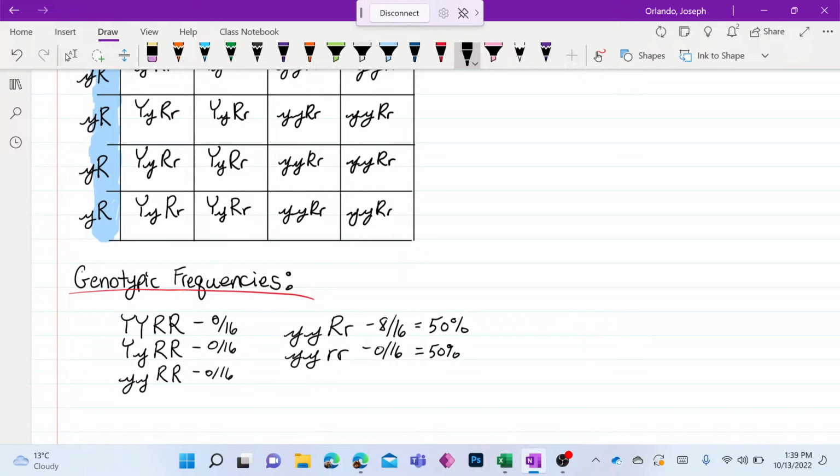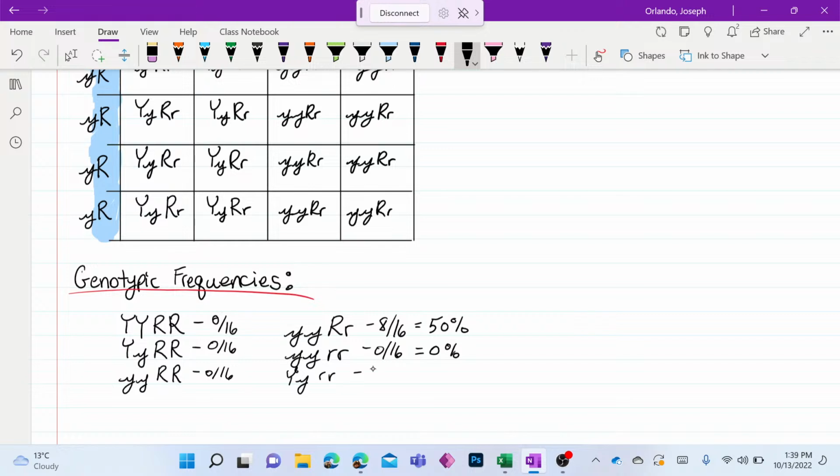And finally, what's the last possible combination? Did I say 50? No, I didn't. Sorry, what was that? Looks good to me. What's the next possible combination? Big Y, small y, small r.